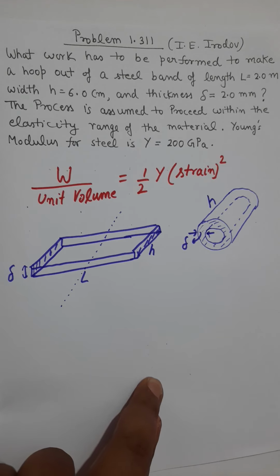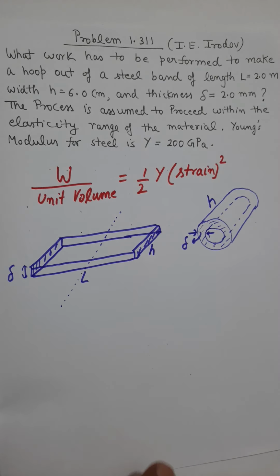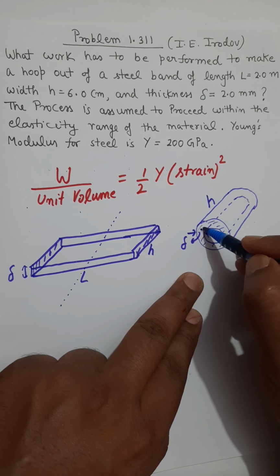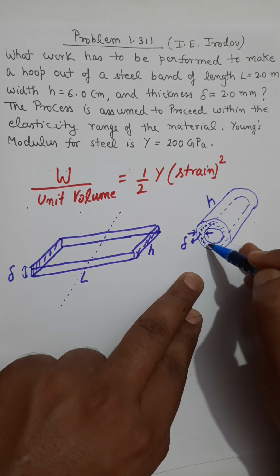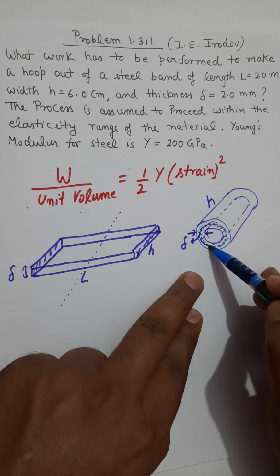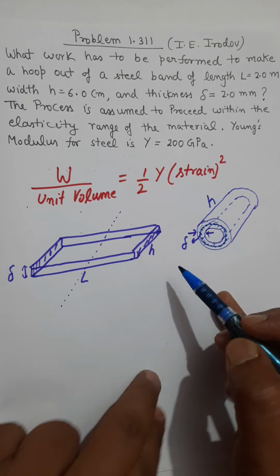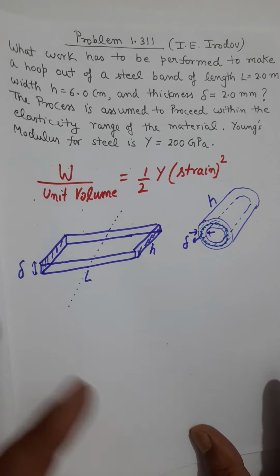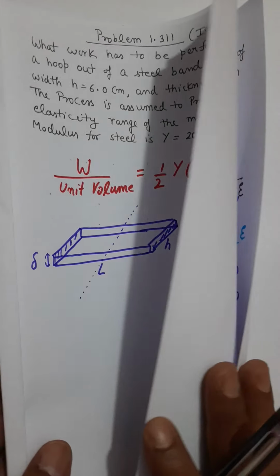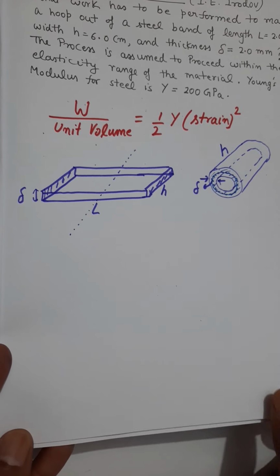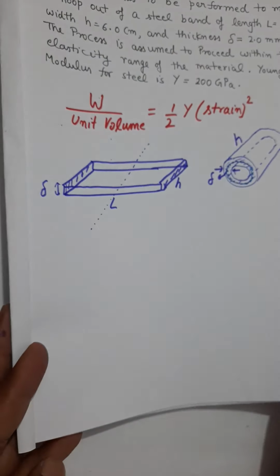Now the main concept is calculation of strain. For that, I consider the average layer, the mean radius of this cylindrical hoop, and I assume that the circumference at the mean radius is the same as this length L. Remember, if we have this paper and we fold it as a hoop, then this dimension of the paper becomes the circumference of that cylinder.